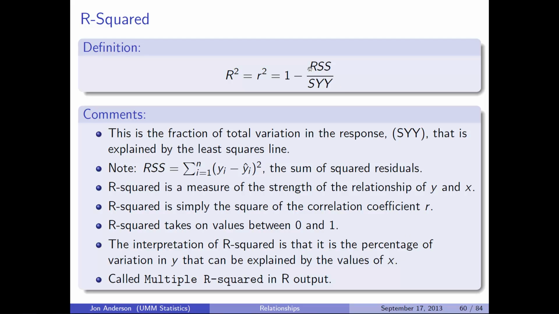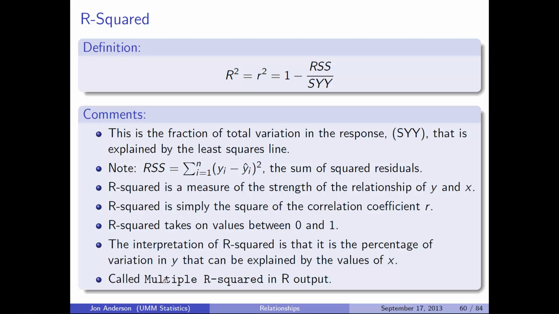And this formula just basically says that what's going on is it involves the fraction of unexplained variation compared to the total variation, and we get a fraction or a percentage out of it. And so this next to last bullet right here is a very important interpretation of this value. It basically tells you how well the predictor variable explains the response.